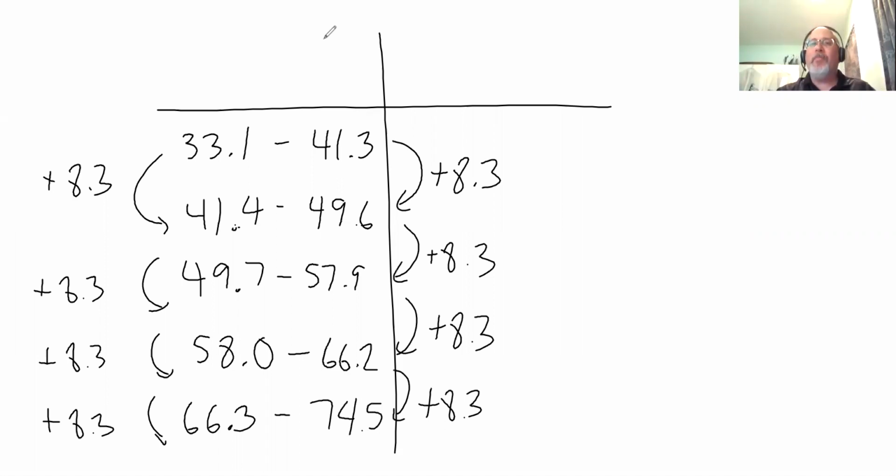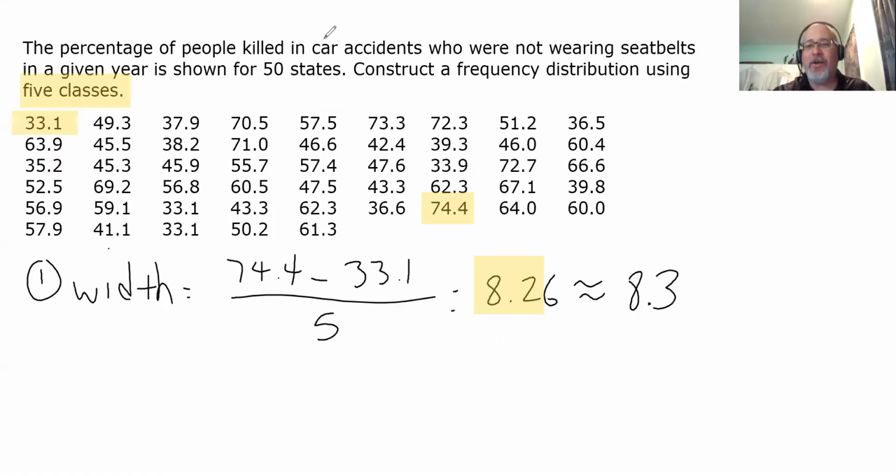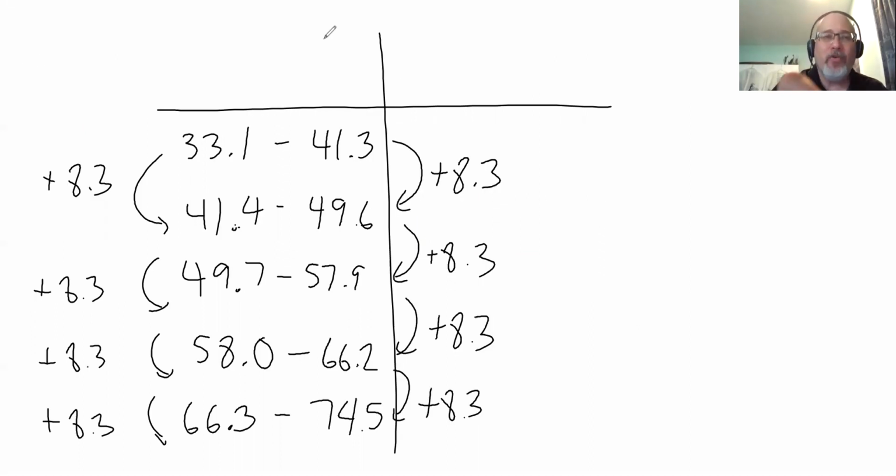So just remember, the first class begins with the lowest value. The class width that you calculated in step 1 tells you how to progress from one lower limit to the next, to the next, to the next, at 8.3. The upper limits do the same thing. They go up by 8.3 also.